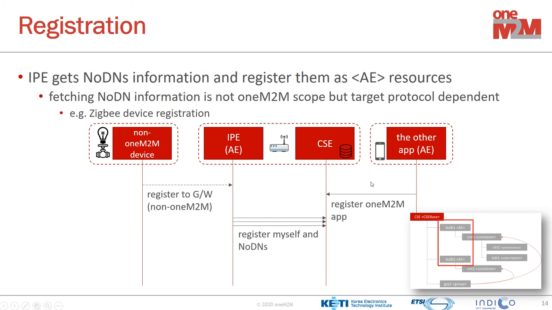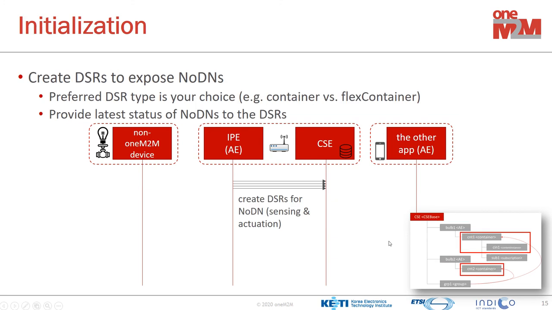Once they made the registration, we are creating the resources like that for all the AEs. As an example, please don't mind this is bulb 1 or 2. Anyway, we are creating the AE and then we create the data sharing resources. That's what we mean by DSR, data sharing resources.